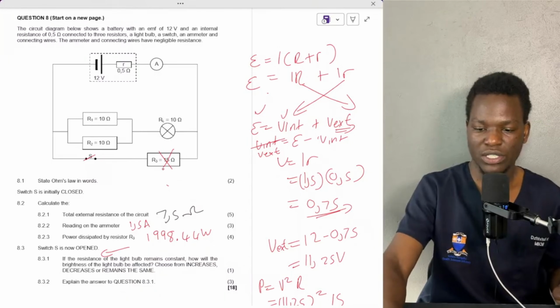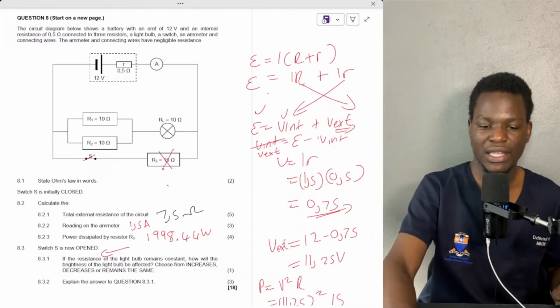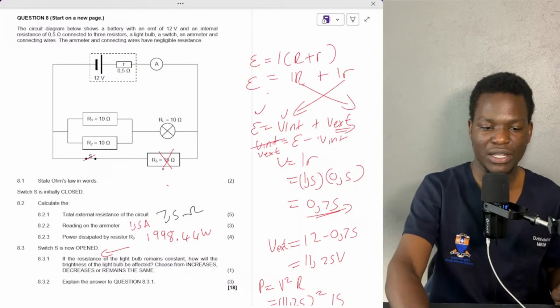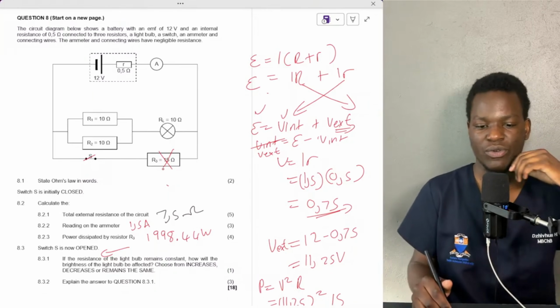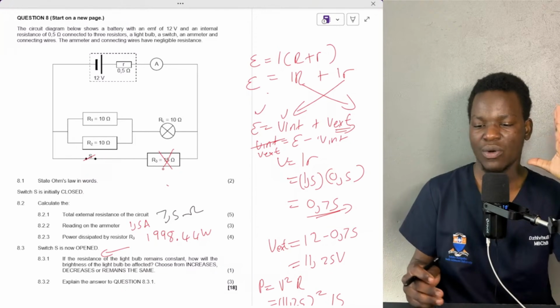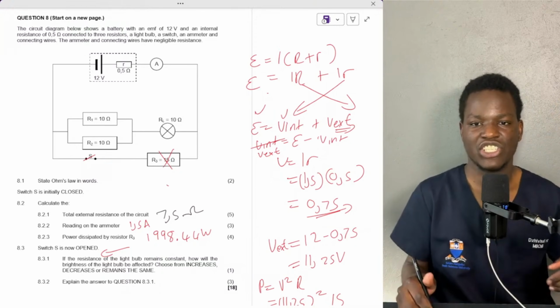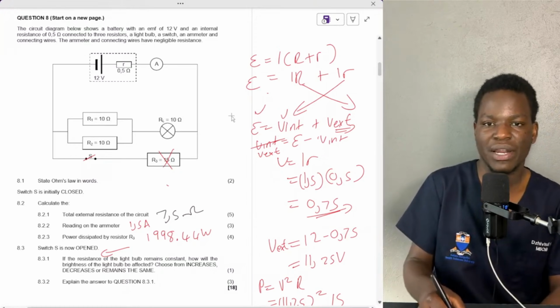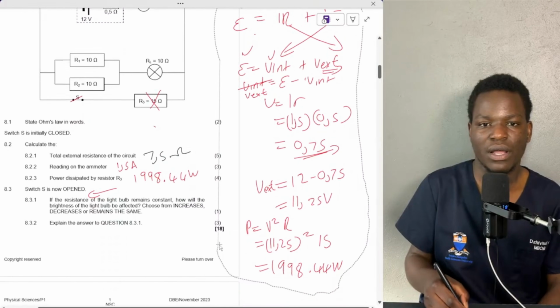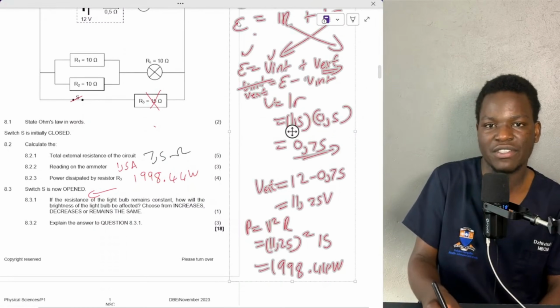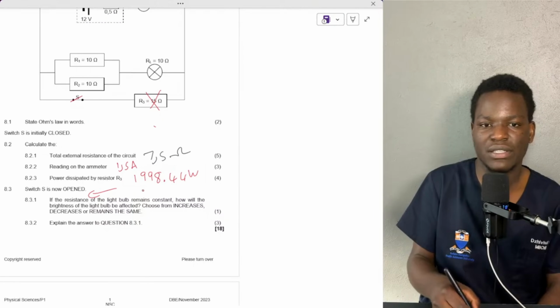So now it's a way of calculating the power. If you don't trust your answer, you can calculate the power, and then conclude that the brightness has changed. So you can calculate the power before and after and show what happened.